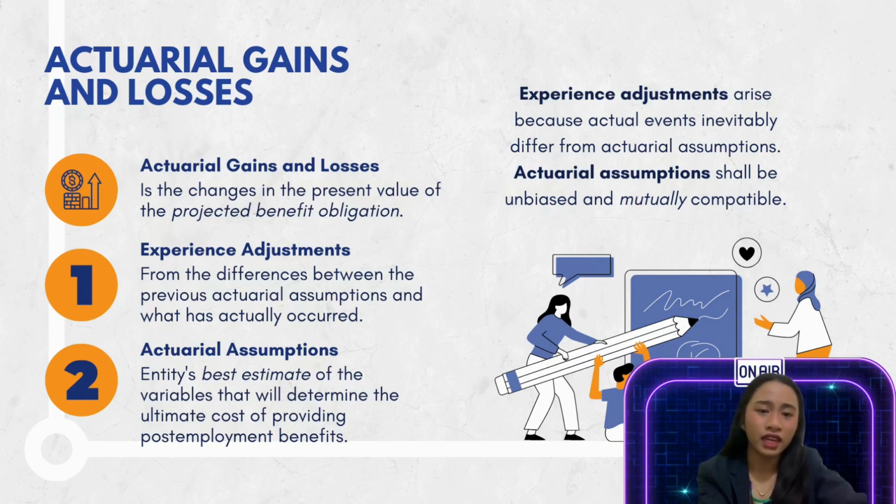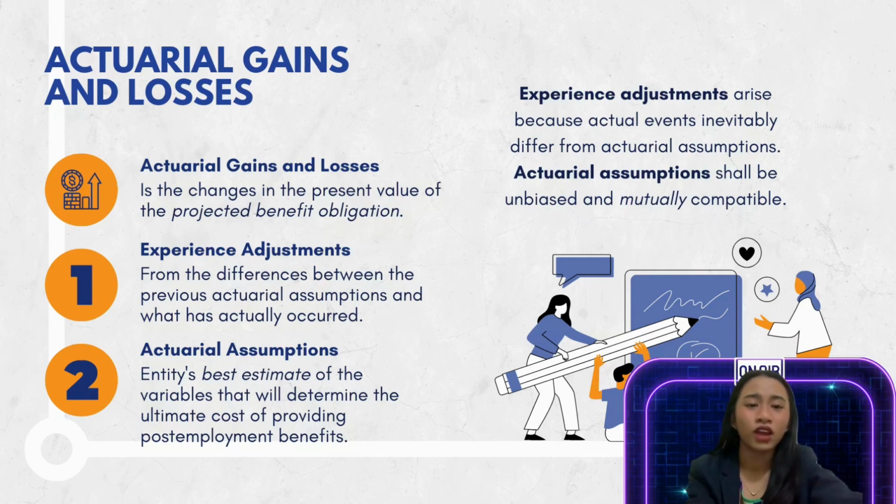Walang nakakapag-project ng exact amount dahil nga ito ay for the future. So, the second one is the effects of changes in the actuarial assumptions. Ang pag-a-assume or pag-project natin ng amount ay matagal pa dahil ito nga ay for the future. Ang aktuarya na ito ay hindi bias at paglipas ng panahon, nagkaroon ng changes sa projection.